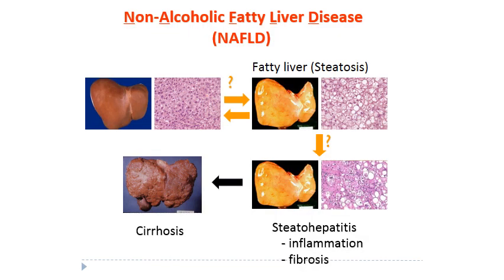In these images, we can see how the normal liver looks and how fatty deposition in more than 5% of the liver cells, called steatosis, progresses, with inflammation and development of fibrosis, steatohepatitis, which then may progress to liver cirrhosis.